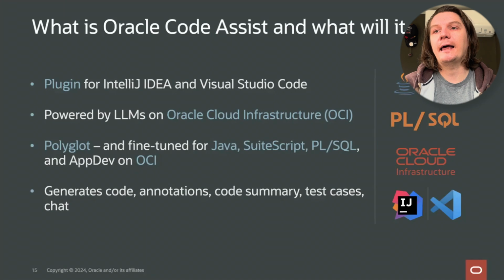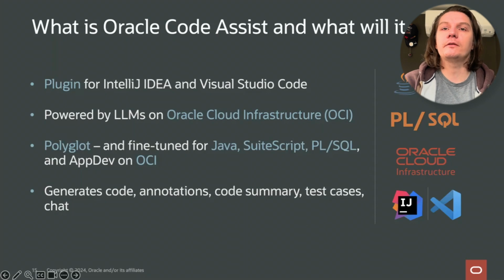It is powered by the LLMs running on Oracle Cloud Infrastructure, and it is optimized and fine-tuned for Java, SuiteScript, which is the NetSuite development language. We're going to train it on PL/SQL, because since the announcement we did back in March, a lot of people are asking about this, and obviously we're going to make sure that it's capable of leveraging the Oracle Cloud Infrastructure.